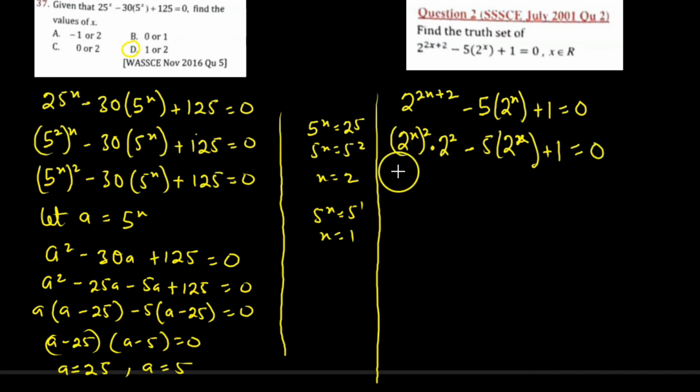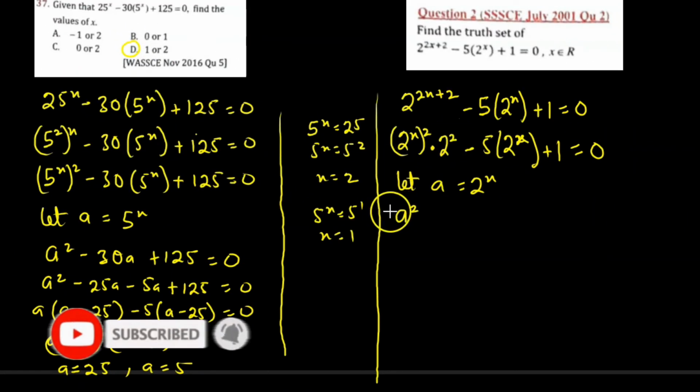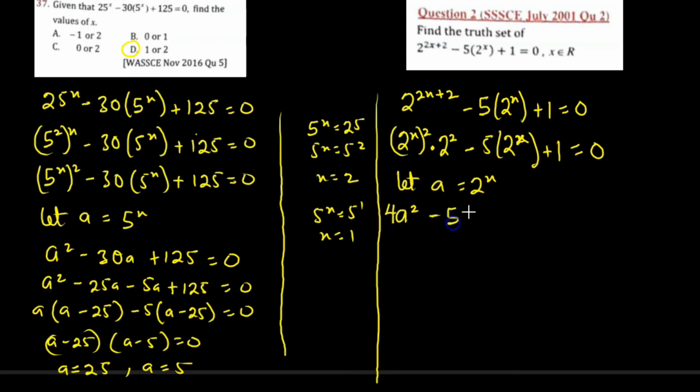So we can say that let a be equal to 2 to the power x. So that will be given as a squared multiplying 2 squared, which is actually 4, then minus 5 times a, then plus 1 equal to 0.